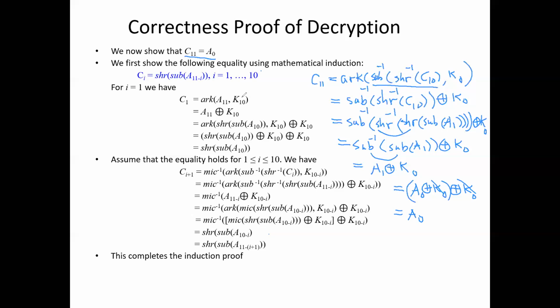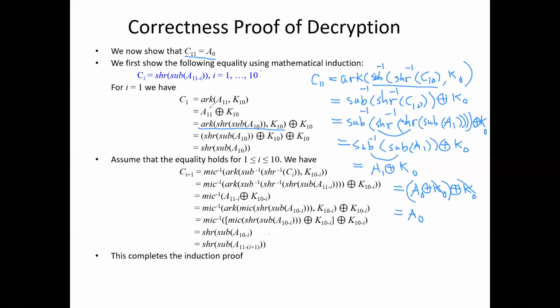So this is the inverse order of applying these round keys. So this is then A11 exclusive or K10. So A11 is obtained by this. Okay, so this is the last round.